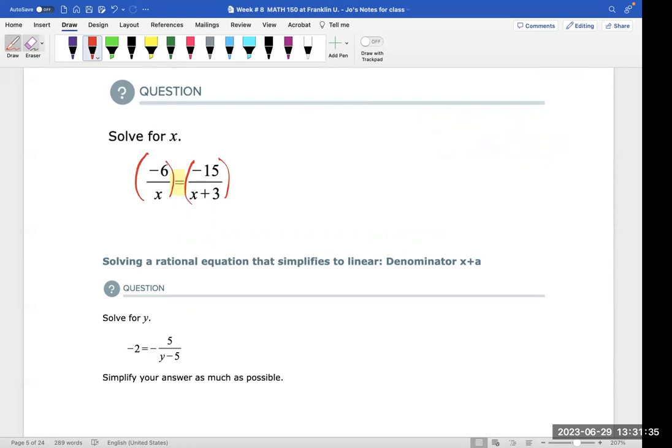In this case, when you have a fraction equals a fraction, and you multiply both sides by your denominators, you're good to go. If you know to cross multiply, that's a cool trick that we teach students before they know algebra.